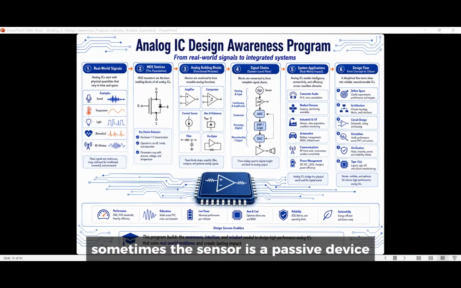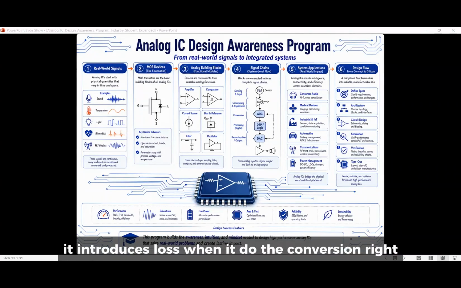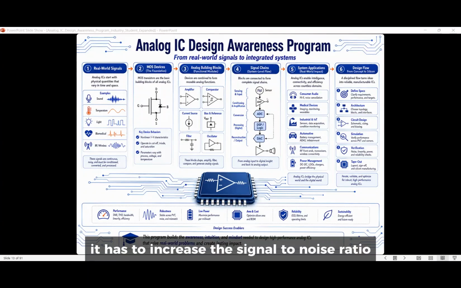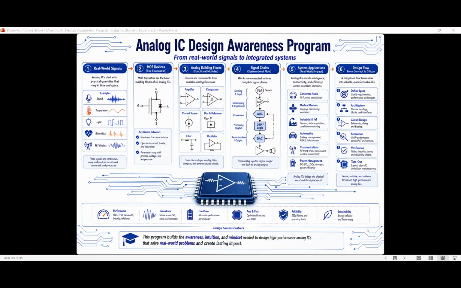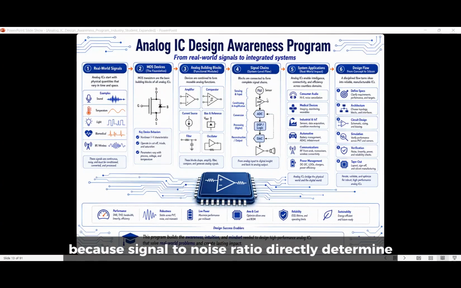Sometimes the sensor is a passive device, so it introduces loss when it does the conversion, right? So the amplifier here is necessary at the first stage of the signal chain because it has to increase the signal-to-noise ratio at the beginning. I think most of you understand why it's important: because signal-to-noise ratio directly determines the bit error rate of the signal chain.